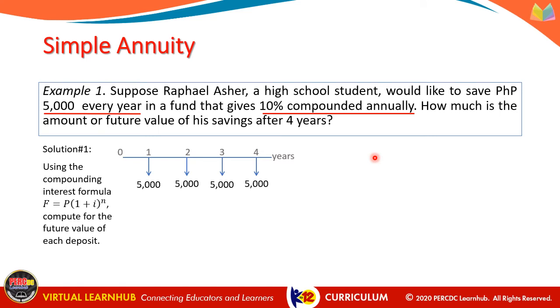Using the compound interest formula, F is equal to P times quantity 1 plus i raised to n, we are going to compute the future value of each deposit. This 5,000 pesos on year 4 is just 5,000 pesos at the end of the fourth year, right? This 5,000 pesos deposited at the end of the third year will become 5,000 times quantity 1 plus 0.10 raised to 1.